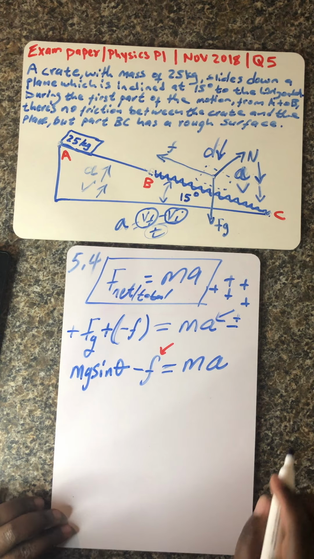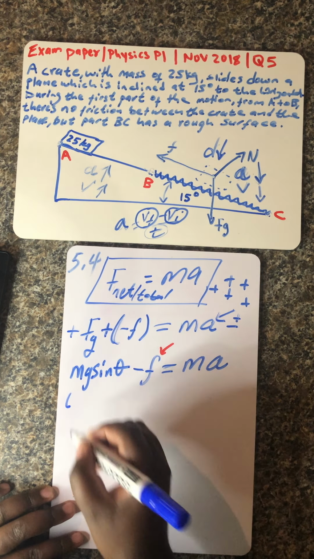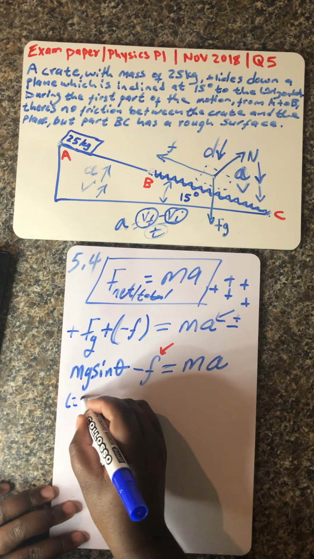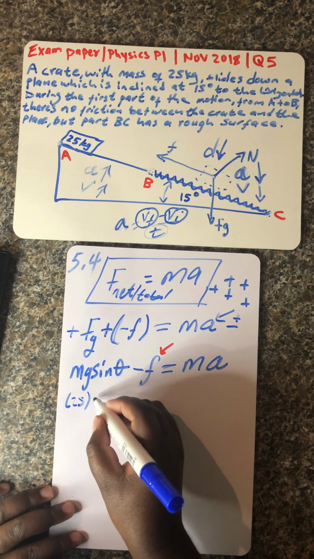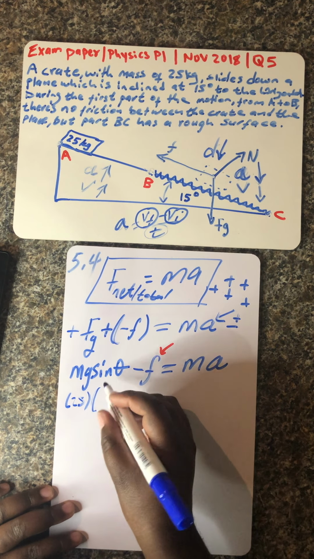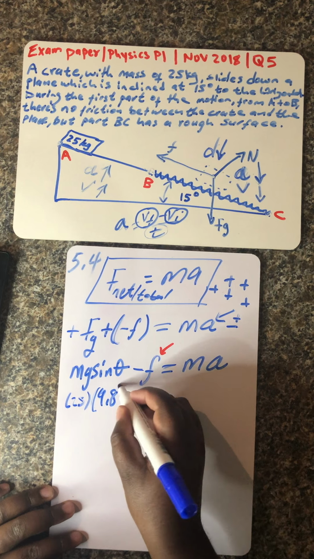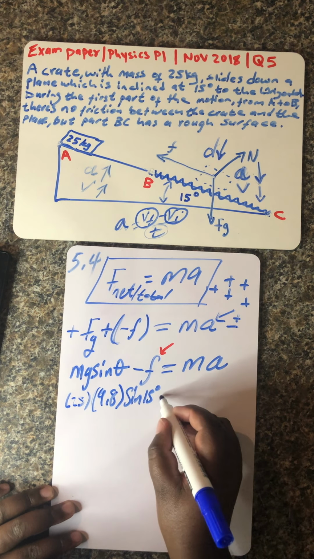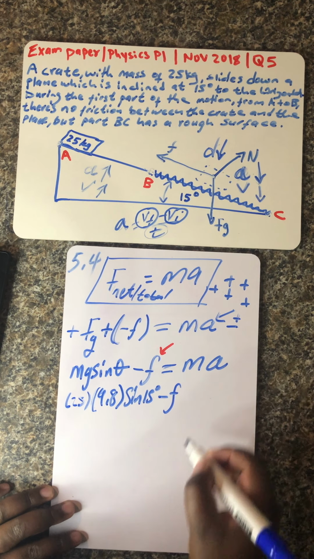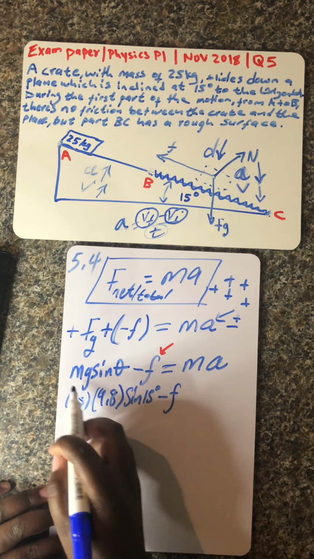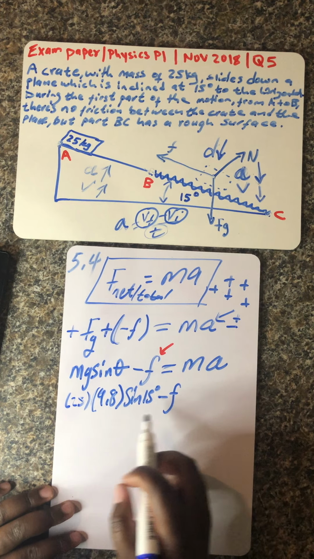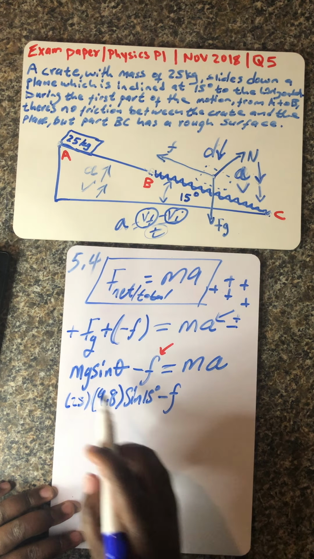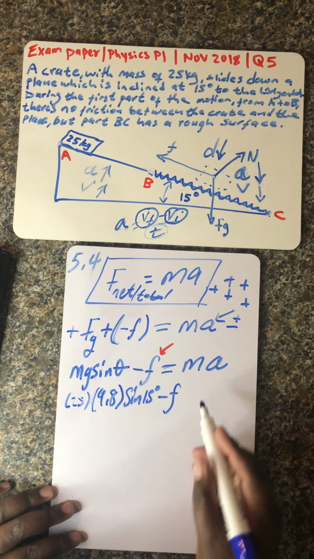So, guys, let's now substitute. Have we got the mass? The mass doesn't change, it remains 25, and then g, we know at all times g is 9.8, then sine of the angle, it's 15 degrees. You subtract F. I'm sure, guys, you fully understand that it's just a matter of substitution. I've explained everything.